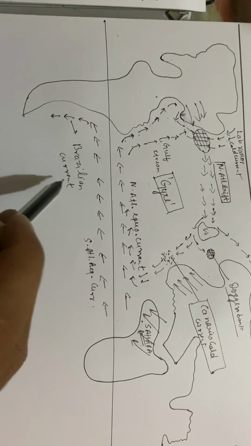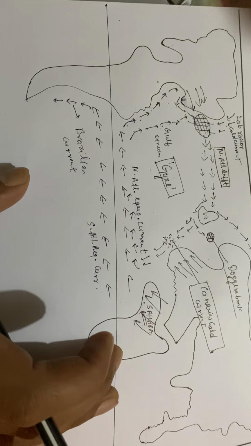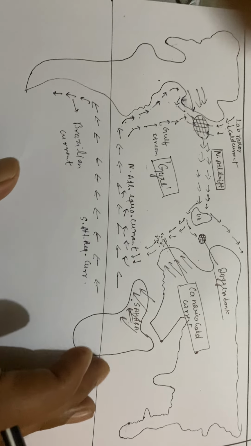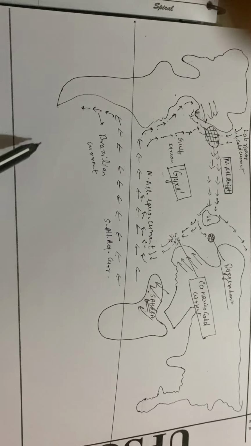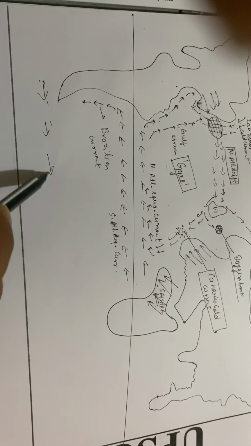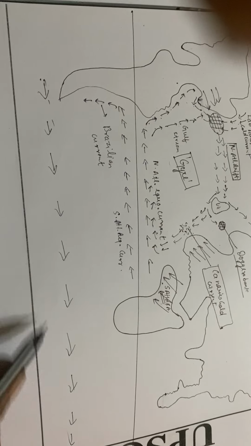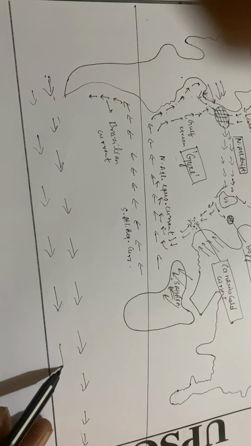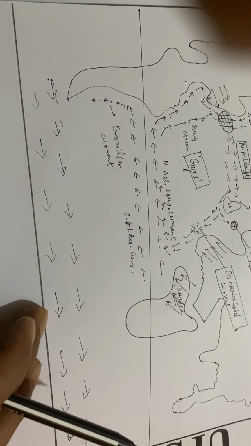Actually there are a lot of currents, but here I am using only the important currents from the exam point of view. Okay, here you will find the westerlies in total, because there is no obstruction, so you will find simply the westerlies, and this zone is called the west wind drift.